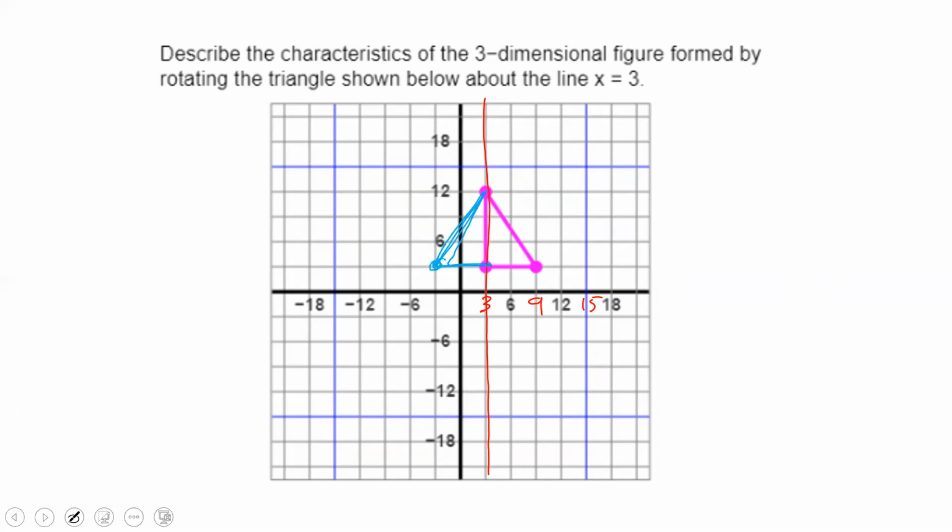Make this as accurate as possible. We'd be going around. Now, because we're rotating, it would be nice curved edges. So we wouldn't be dealing with a pyramid here, because if we were able to picture this for ourselves, there'd be a circular base to it and be round. So this is a cone.